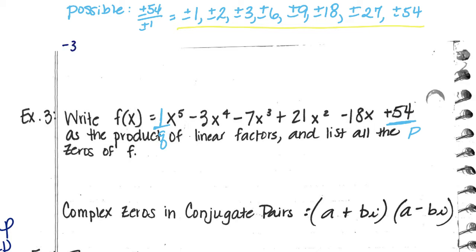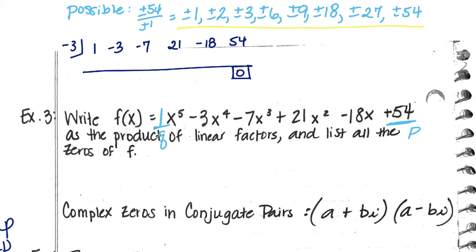If I try -3, I have the numbers across: 1, -3, -7, 21, -18, and 54. I know that it's a factor if its remainder is 0.